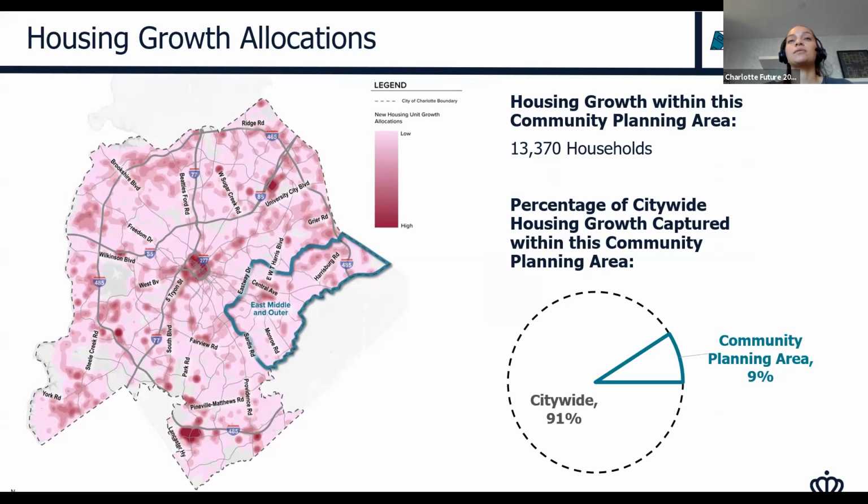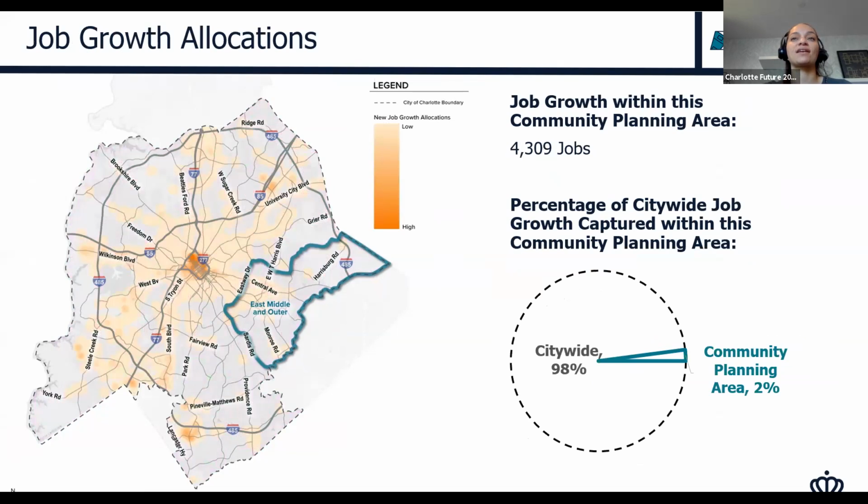This area encompasses around 13,370 households of that total growth, which is around 9% for this specific geography. And in terms of jobs, this area is expected to receive a little over 4,000 jobs, which is about 2% of the total growth for jobs in the city.